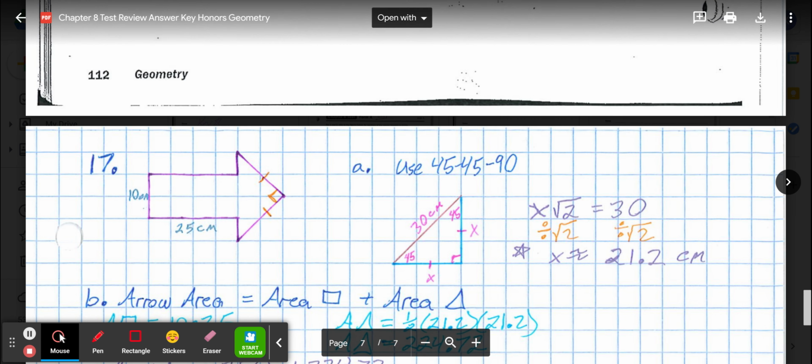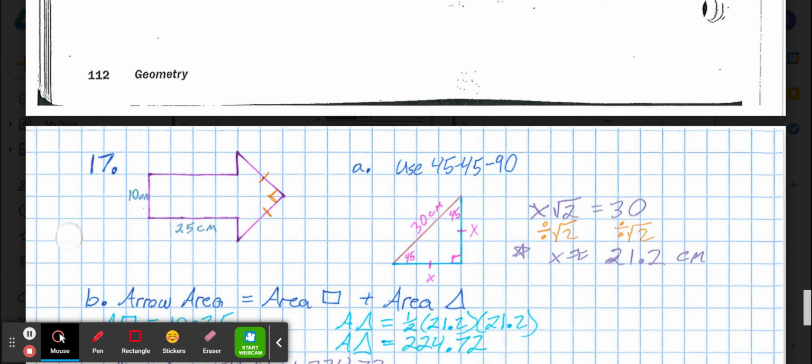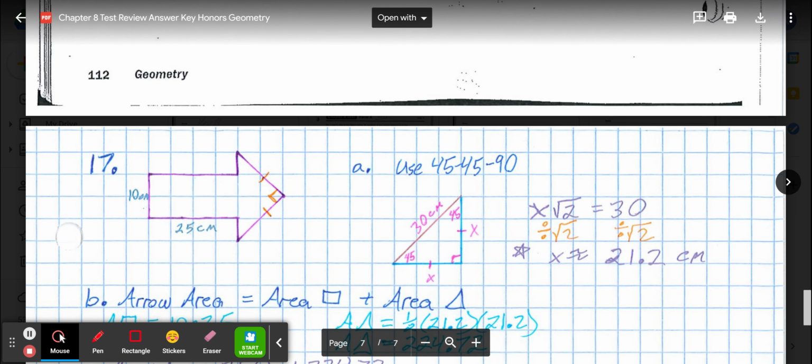So using the 45, 45, 90 or isosceles right triangle rules, we know that the side length x multiplied by the square root of 2 would give us our hypotenuse. So x times the square root of 2 is 30. So we're simply going to take 30 divided by the square root of 2 to get the length of each side. So our side length here would be 21.2 centimeters approximately.